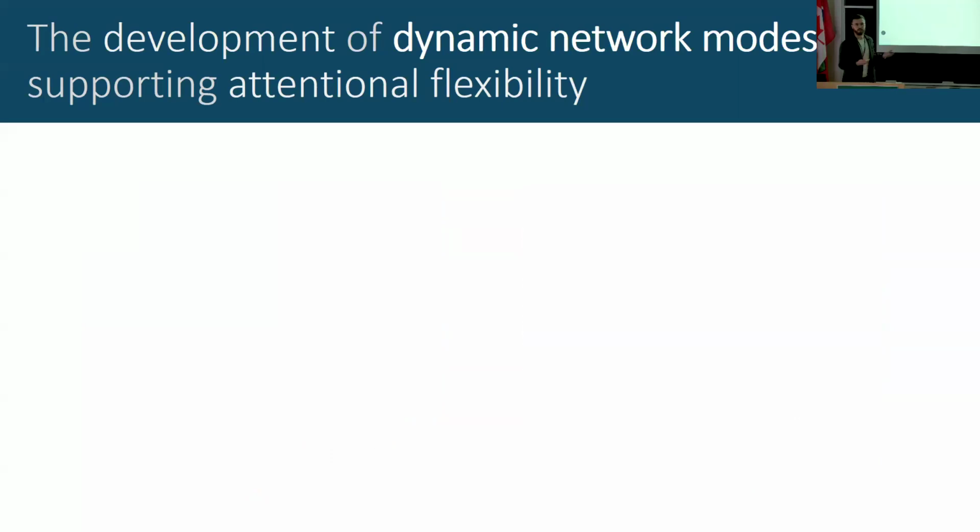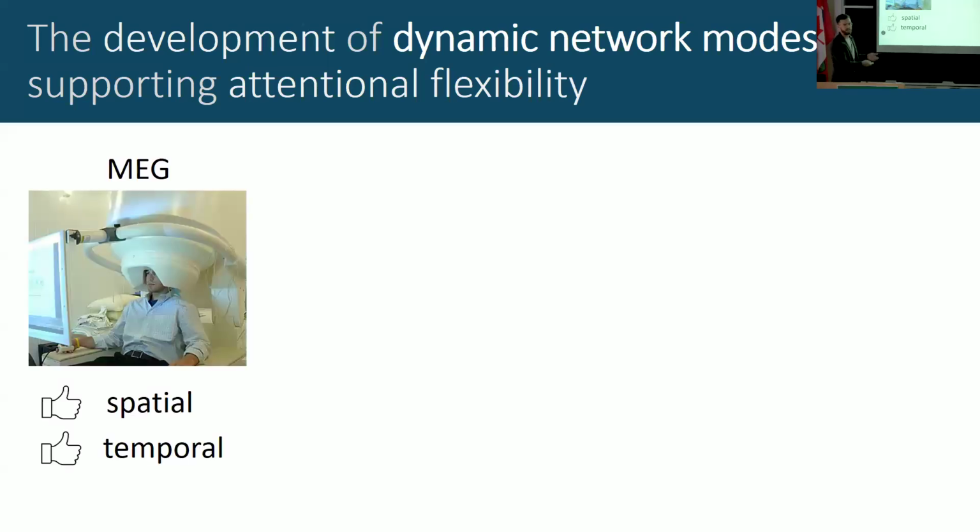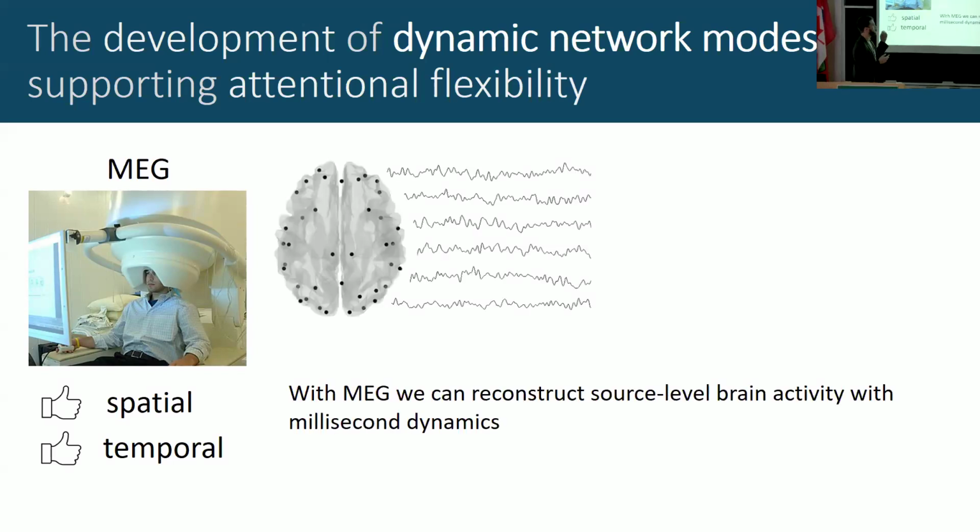So how do we look at the brain activity that underlies both the normative development of attentional flexibility, but also the impairment in ADHD? What better way than MEG, magnetoencephalography? MEG puts us in a unique position where we have good spatial resolution and also excellent temporal resolution, so we can reconstruct source level estimates of neural activity with millisecond temporal precision.